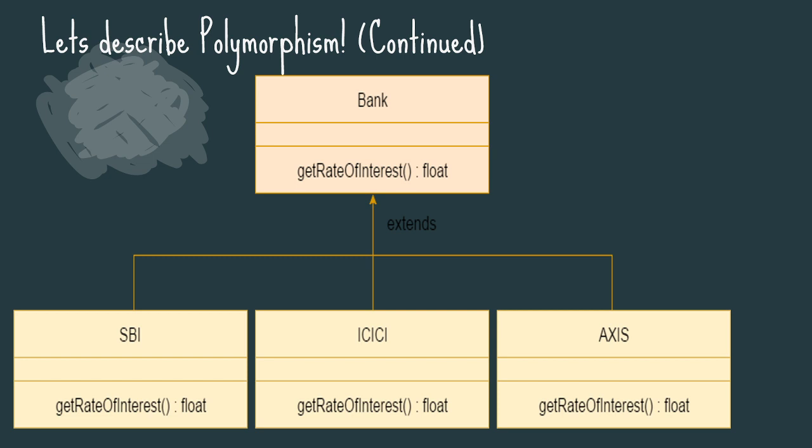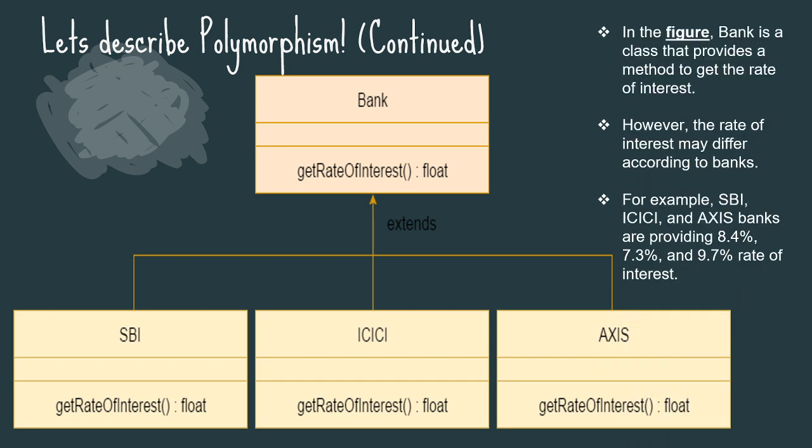But in SBI, ICICI and Axis we are going to have different interest rates. So in the figure, Bank is a class that provides a method to get the rate of interest. However, the rate of interest may differ according to banks. For example, SBI, ICICI and Axis banks provide 8.4%, 7.3% and 9.7% rates of interest.